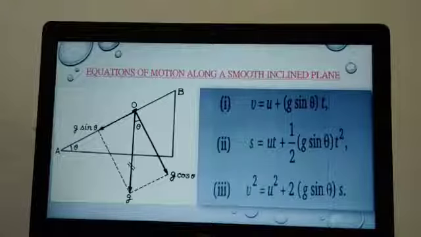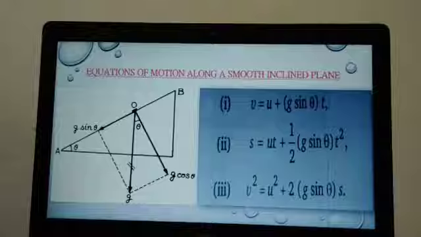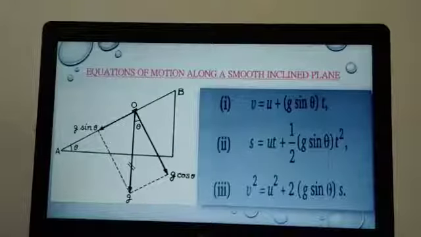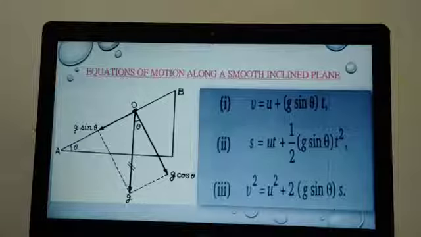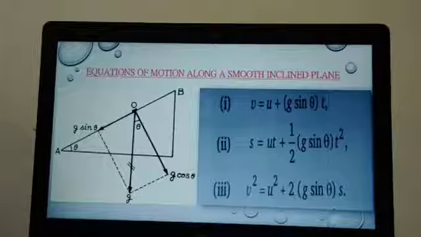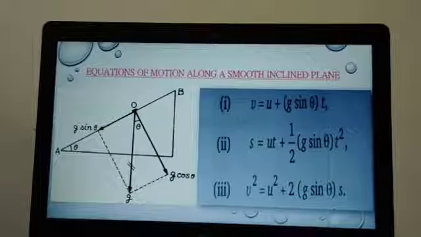Second equation is s equal to ut plus half at square, and a you can replace by g sin theta. Third equation will become v square is equal to u square plus 2as, and a again replaced by g sin theta. This is the case when the particle is sliding down.